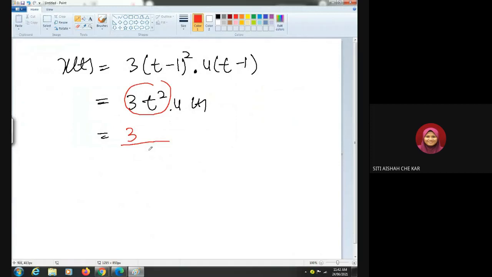Laplace T power of n. Laplace yang ni dulu saya tengok. T power of 2 Laplace dia dapat apa? 2 over S power of 3. Okay, good.